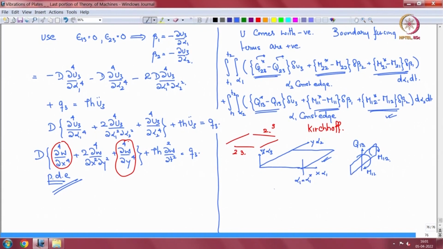Okay, and if we look at it end on, if we look at it straight, what I have is, if I break this M12 moment resultant, this is the y direction.